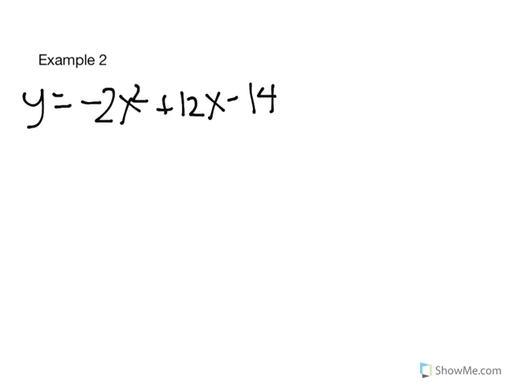For our next example, we're going to be doing it a little bit differently and add a variable on the outside. So we will be given the quadratic equation y equals negative 2x squared plus 12x minus 14. So that's our first step. Our next step is we're going to put negative 2x squared plus 12x in parentheses.